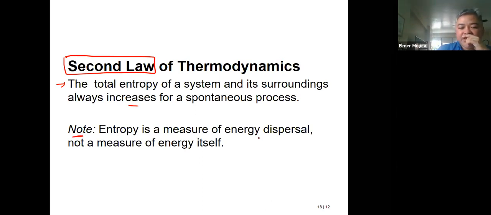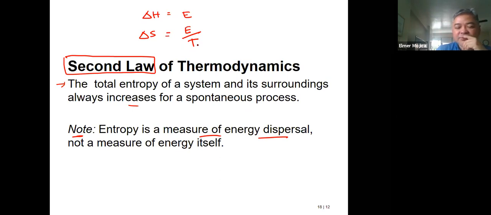So this is the note that you need to remember. Entropy is a measure of energy dispersal, not a measure of energy itself. Delta H is a measure of energy, but delta S is not. Okay? It's a measure of energy dispersal, so it has something to do with the energy at a given temperature.